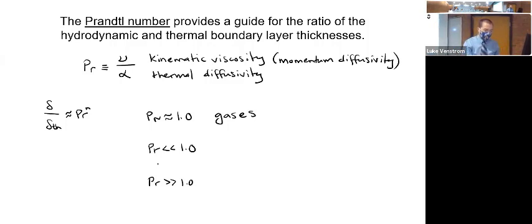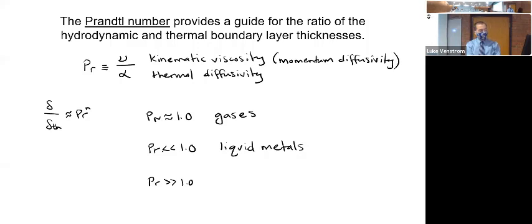Prandtl number much, much less than 1 are liquid metals. So if you take this logic that I've been trying to convince you of, that we want thin thermal boundary layers for good heat transfer, right? The thinner the thermal boundary layer, the steeper the gradient, the better the convection heat transfer coefficient.